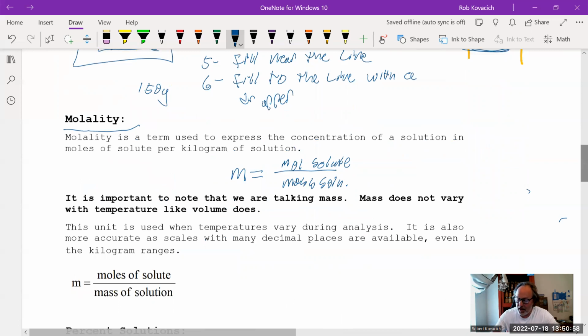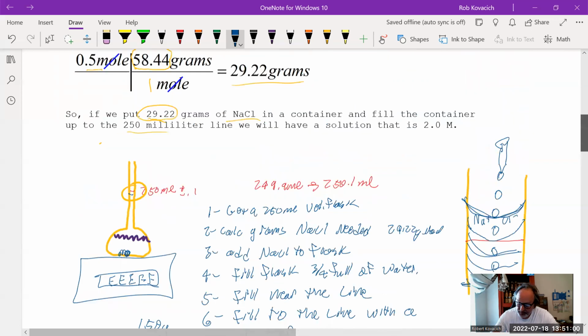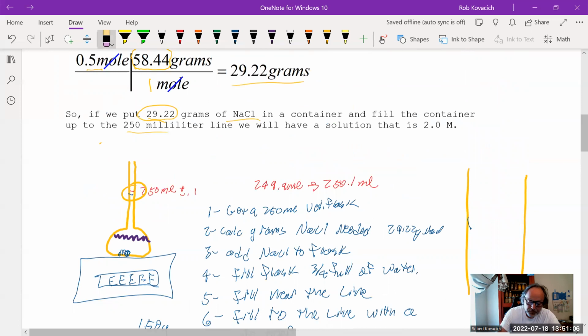So if I'm talking about molarity, and I've got my volume exactly where it's supposed to be, the bottom of the meniscus is right on the line.